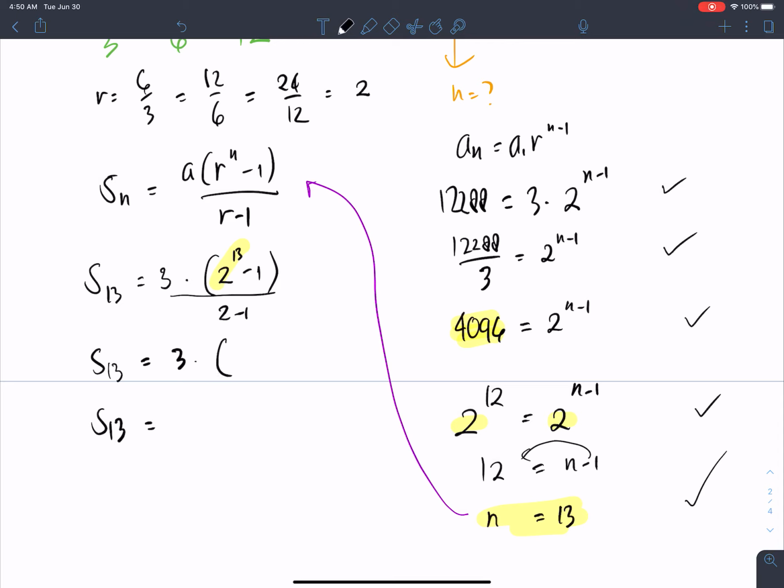So here is 8192 minus 1. The bottom is 2 minus 1 is 1. Okay, so no need to worry.